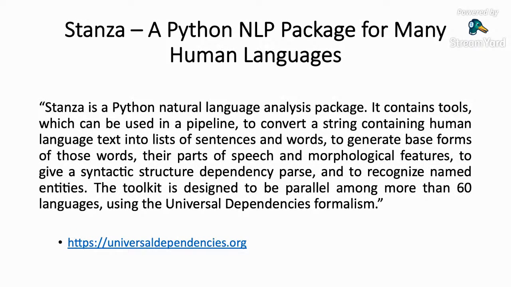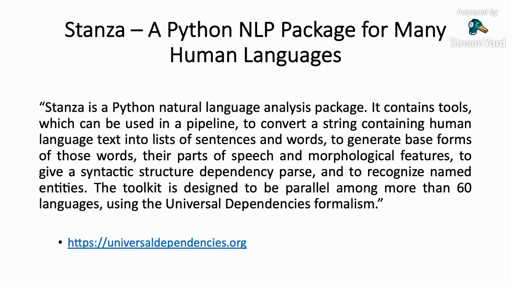So the automatic annotation in our project is made possible thanks to a natural language processing package, which is called Stanza. This package was developed by the Natural Language Processing Group of Stanford.